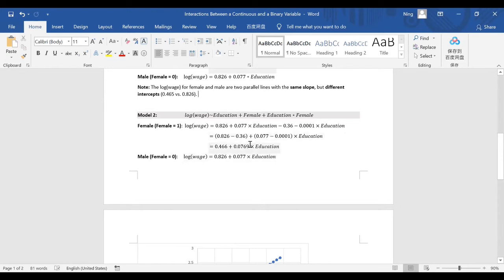These two prediction models that predict the log wage for female and male workers, respectively, now have different intercepts and different slope coefficients. Therefore, by adding an interaction term between the female dummy and education, effectively you are fitting two different linear lines that measure the effect of education on log wages for male and female workers.